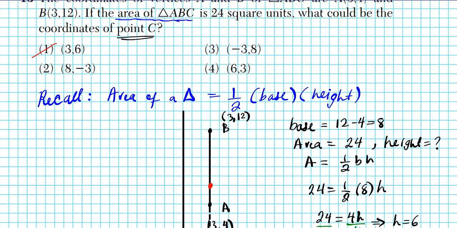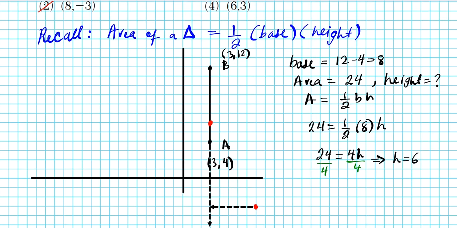Now let's take a look at the next candidate, which is negative 3, 8. Let's see where that is. Let me take this out of the way so it doesn't confuse our understanding. All right, negative 3, 8. So 0, 1, 2, 3.